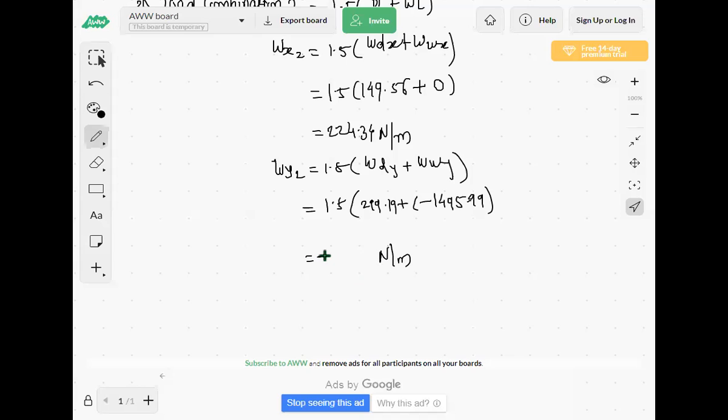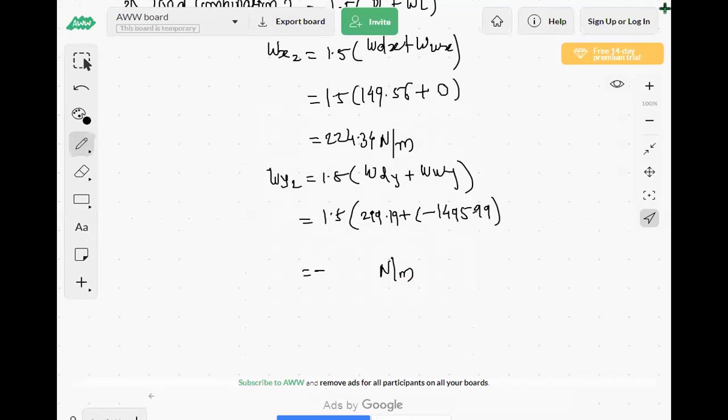I think it may be negative. The value will come with a negative sign. How much? 1795. Sadiq, your answer? Yes, correct now.